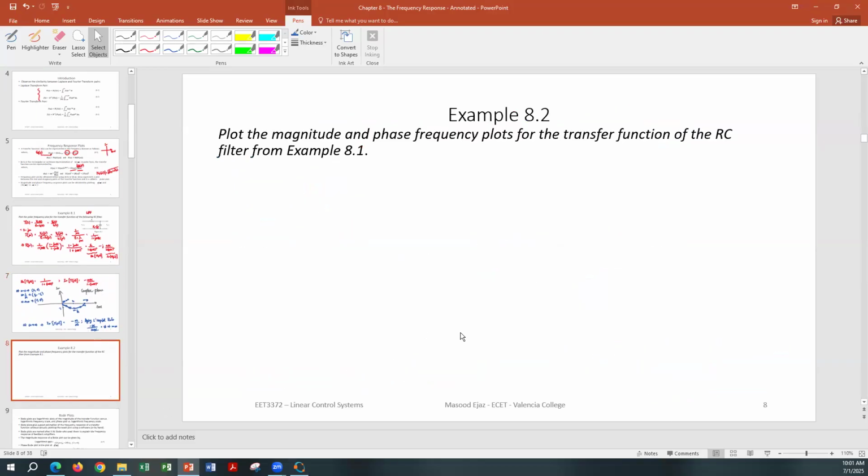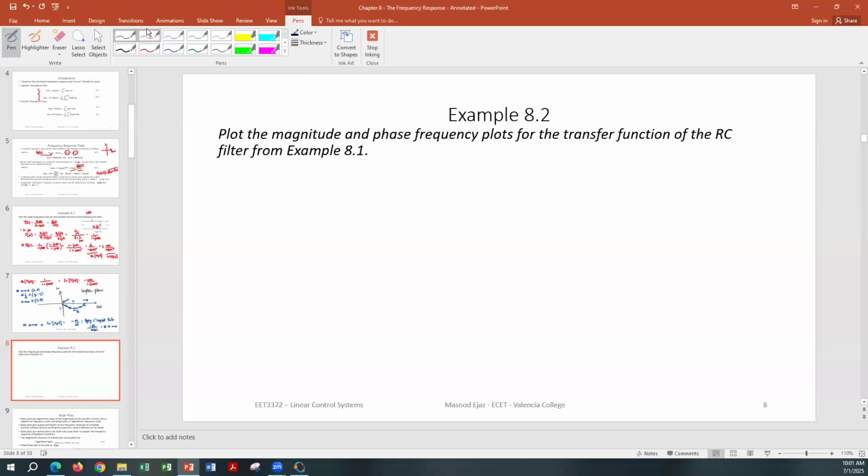All right, the next example is we are going to plot the magnitude and phase frequency plots of the transfer function of the low pass RC filter. So we plotted the polar plot, and now we're going to plot the magnitude plot and the phase plot.